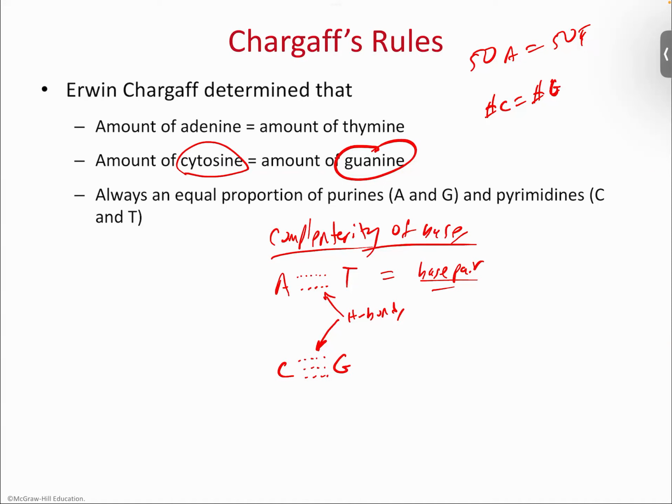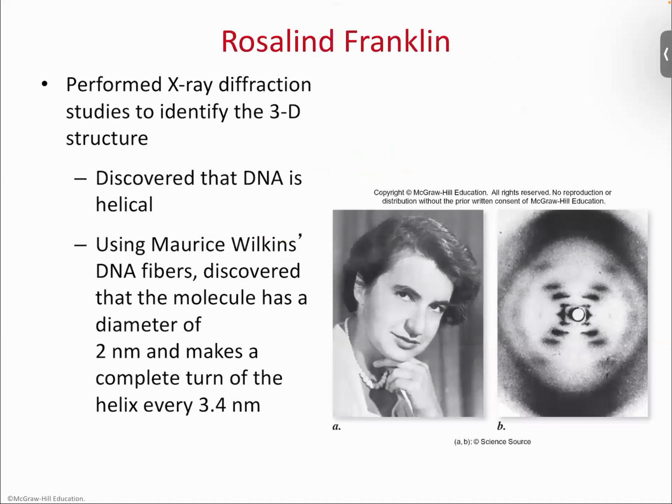Now, another piece of the puzzle that came before this is work that dovetails with Rosalind Franklin's work. What Rosalind Franklin basically discovered was that the DNA molecule is a helix.